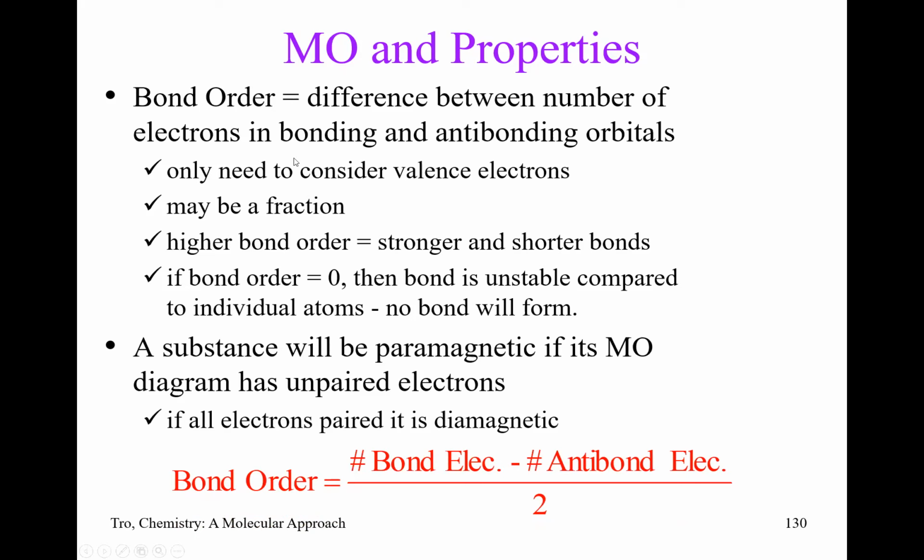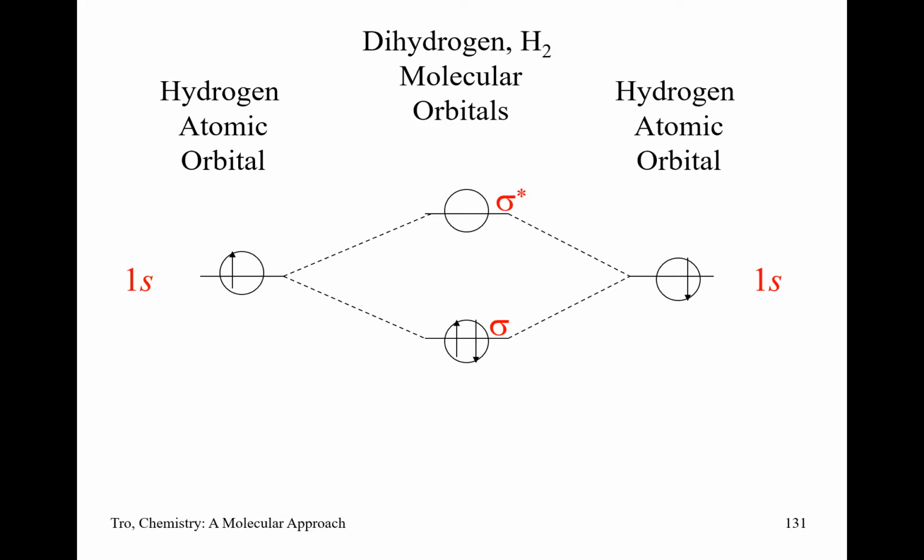These couple of bullets explain all this, and then here's the simple math behind it: bonding minus anti-bonding electrons, divided by 2, right? Because a bond was 2 electrons. So 2 electrons divided by 2 equals 1. So a single bond has a bond order of 1. Okay, so now here's the picture where this makes more sense.